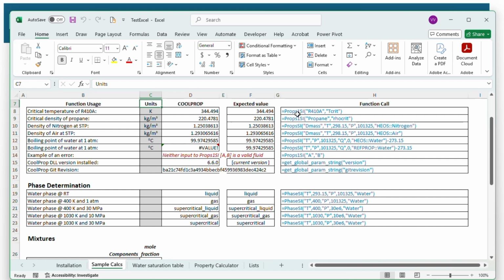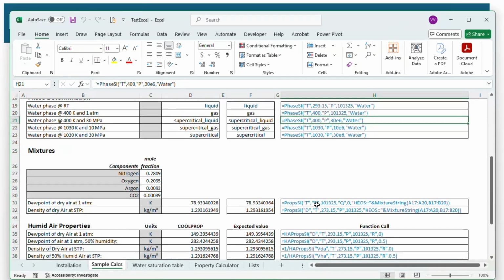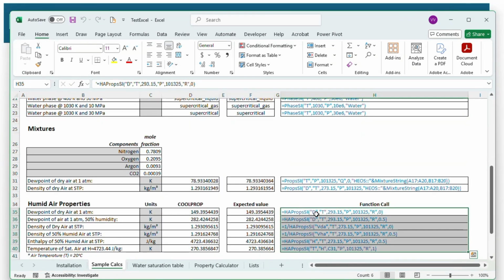And you can see multiple functions being used here. There is a Props1SI function where you're only using one argument or one input. Then there's the PropsSI function where typically you need 2 property inputs. And then there's the PhaseSI function here, and then there's the humid air properties function here.